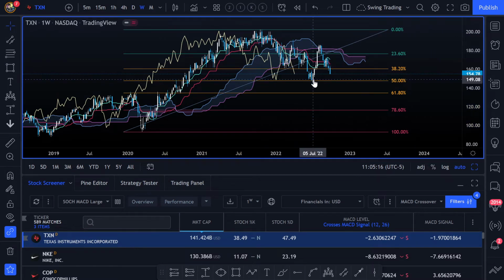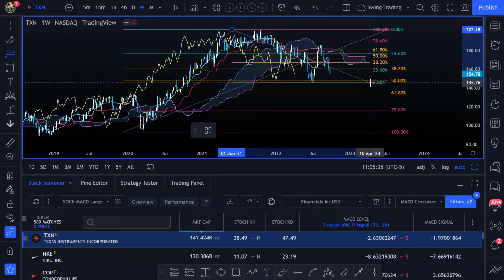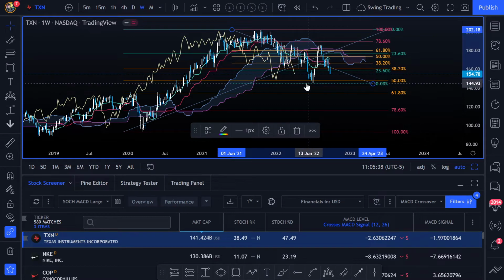According to Fibonacci, this stock already experienced and tested a 50% retracement according to these Fibonacci levels that I just drew. So looks like the price was rejected from this bullish pullback. So it tested the 61.8% level and it's going low now.